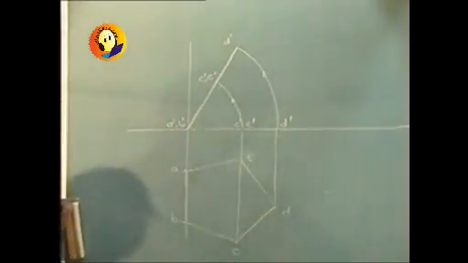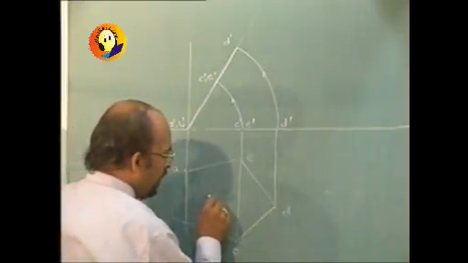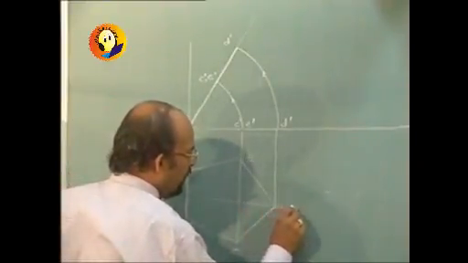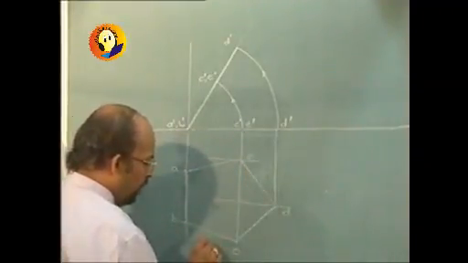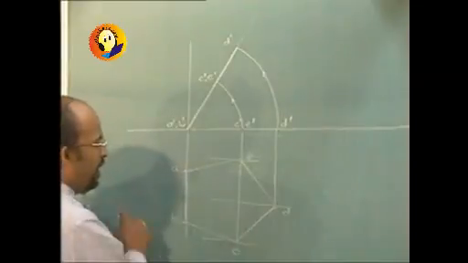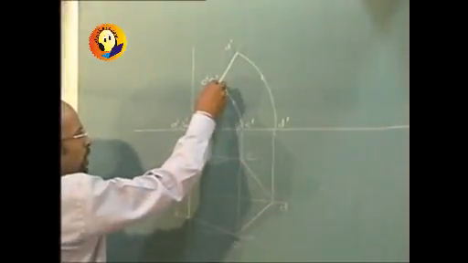So rotation in the elevation will result in movement parallel to XY in plan. So point D will move parallel to XY, point E will move parallel to XY, point C will move parallel to XY. A and B are not going to move because we are performing rotation about them.